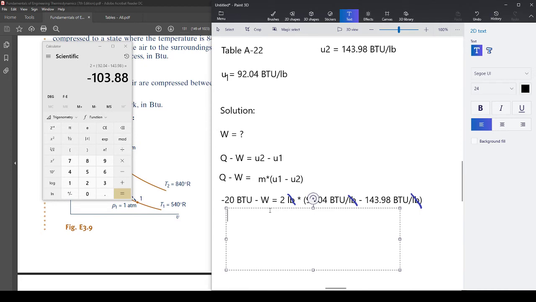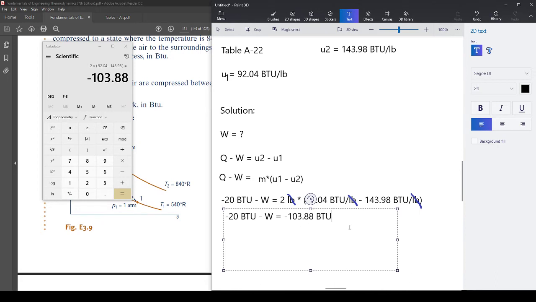So let's make another text box down here, a little bit more summarization. So minus 20 BTUs minus W is equal to negative 103.88 BTUs, right? And now we just have to do a little bit more work here by moving over 20, right? So if you add 20 to this, let me go ahead and do that.